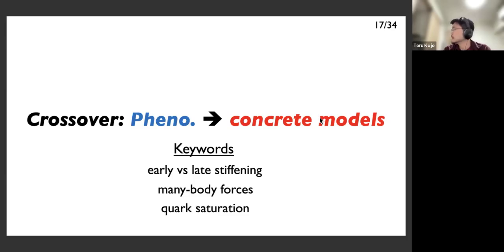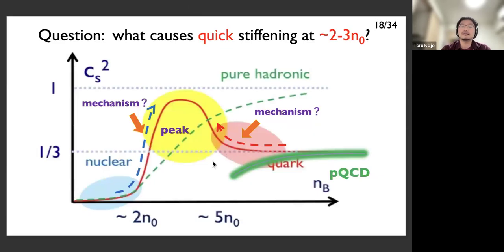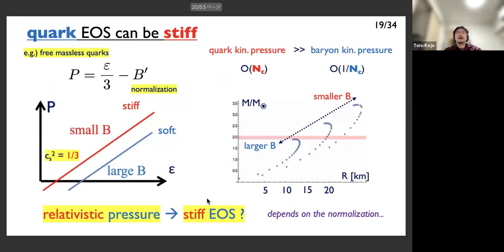So next, I want to discuss some concrete realization of rapid stiffening. The problem we would like to address is this rapid stiffening somewhere around 2 to 3 times nuclear saturation density. In order to explain it, the first thing I want to emphasize is the stiffness of quark matter.